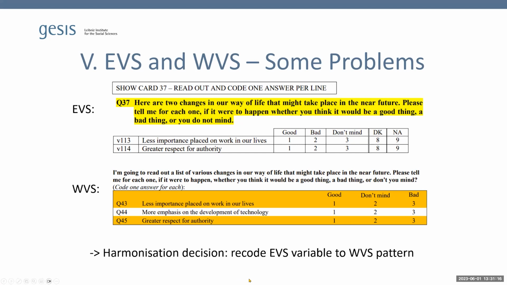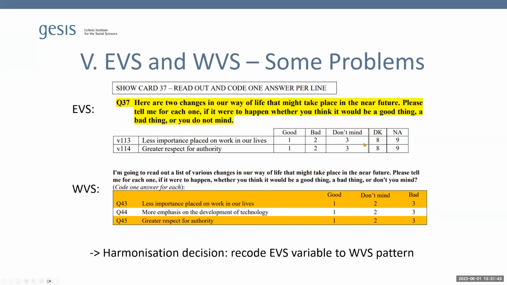And what you see is two things basically. EVS has 2 items on this, WVS has 3. That might have methods effects by question neighborhood. But the more important thing is that the response options, although they have the same verbal anchors, are not presented in the same sequence to the respondents.